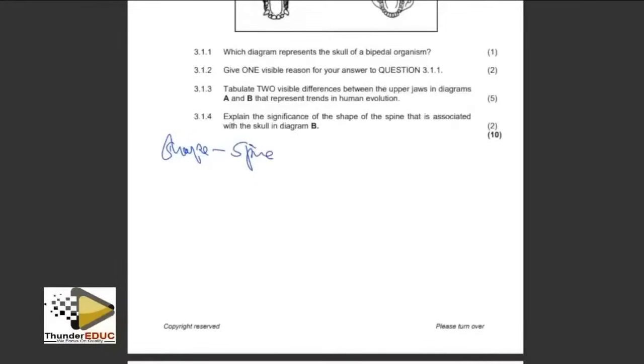Then you look at the pelvis: the pelvis is short and wide.